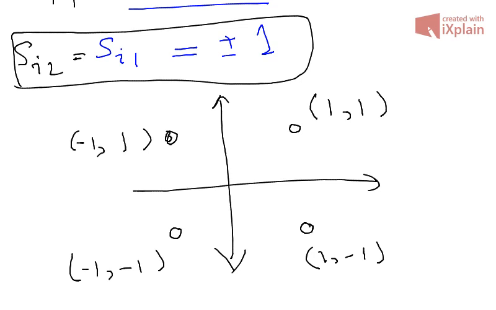So these are the 4 QPSK signal points, psi1 and psi2.